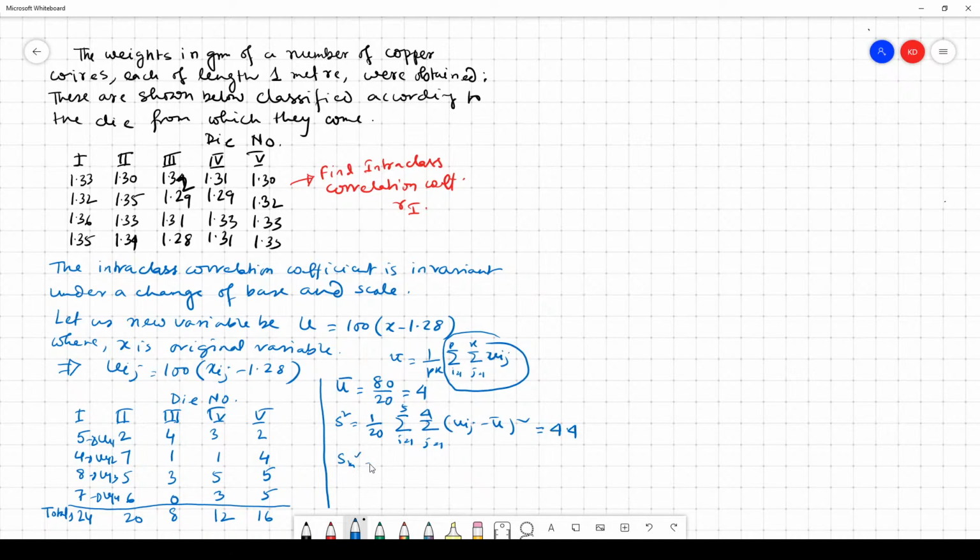S_m square is 1 by 5 sum over i from 1 to 5 of (u_i bar minus u bar) whole square.